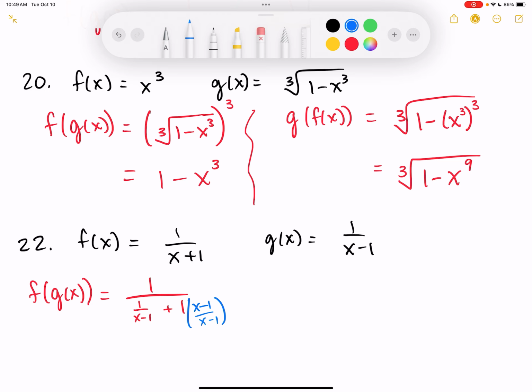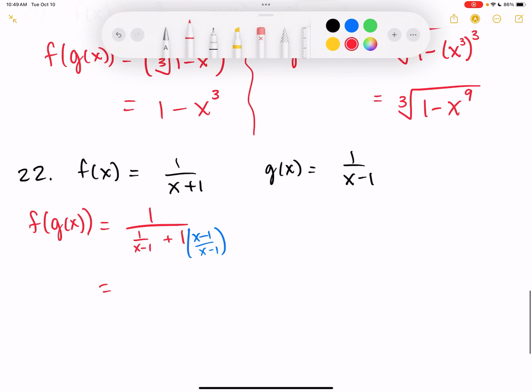So now I have a common denominator, so I can rewrite this as 1 over, and this is going to be 1 plus x minus 1 on top, over x minus 1. Make that line a little longer.